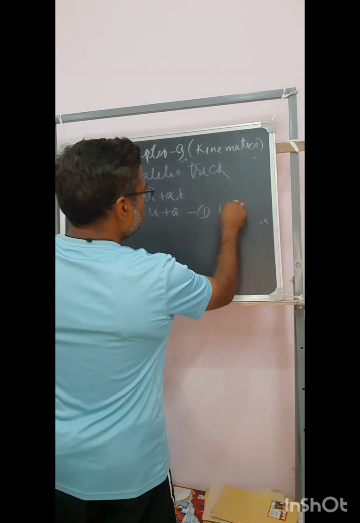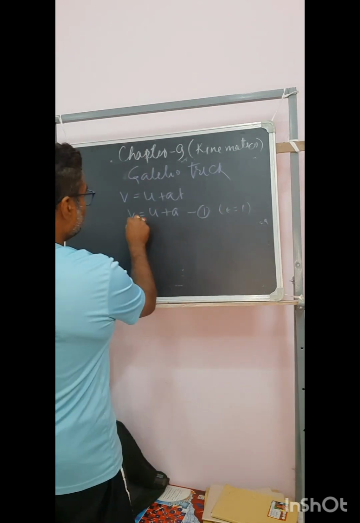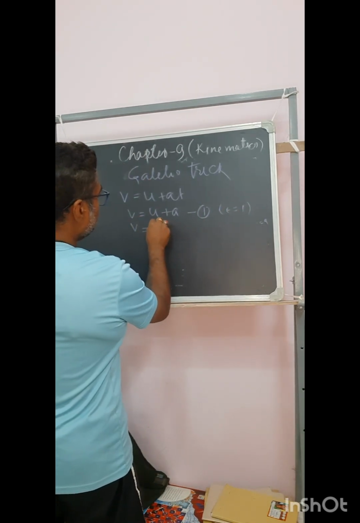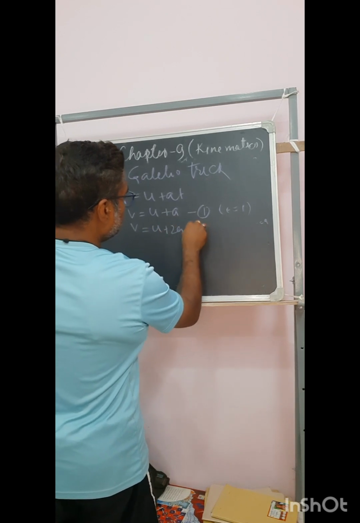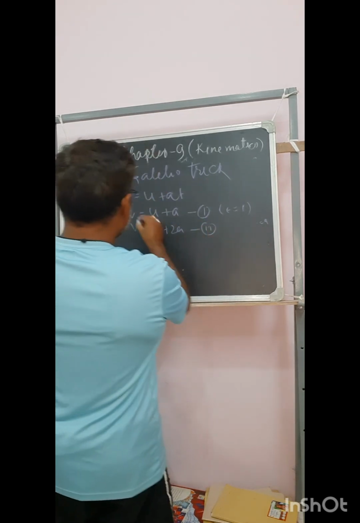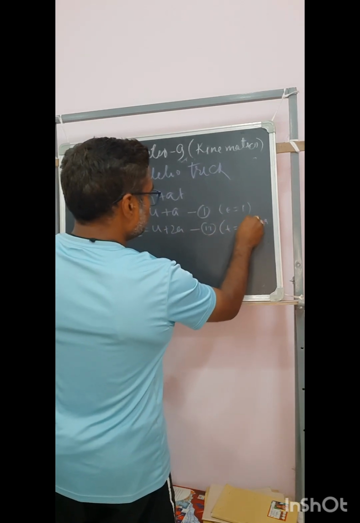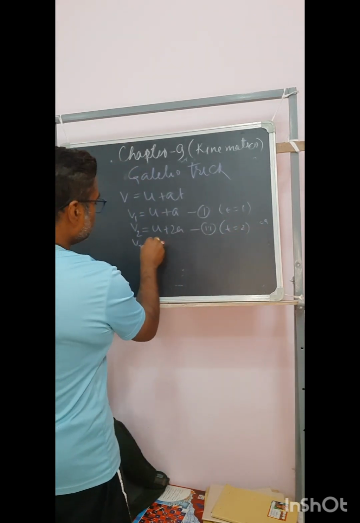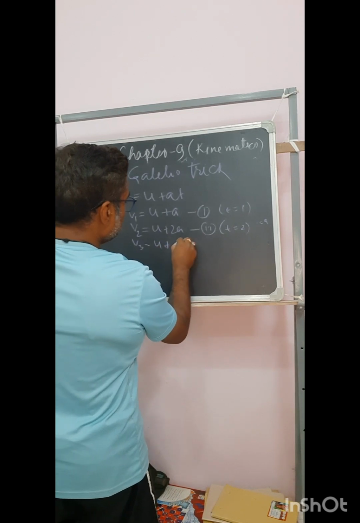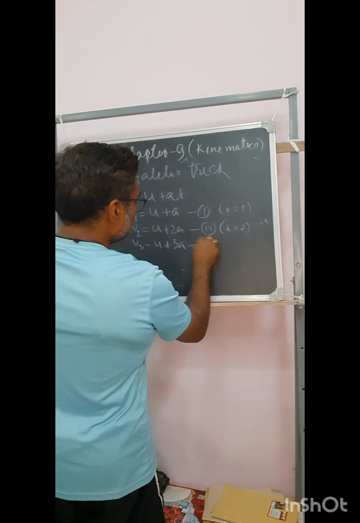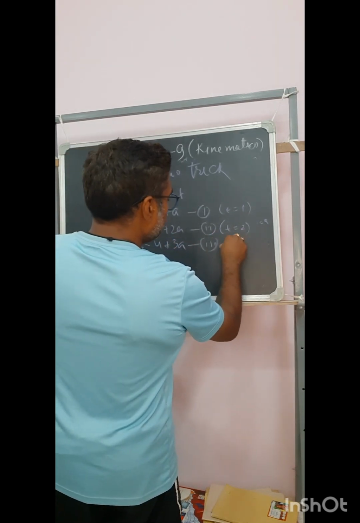For t = 2, v2 = u + 2a. For t = 3, v3 = u + 3a.